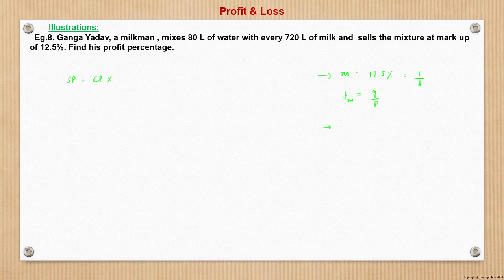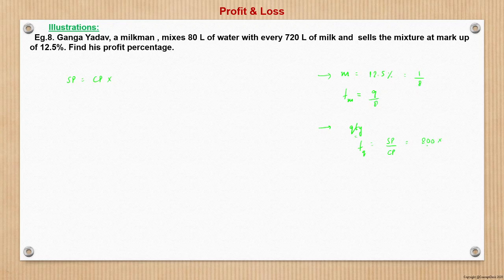The second factor is quantity. Factor for quantity means SP upon CP for this. So he will be selling 80 plus 720, which is 800 liters, right?